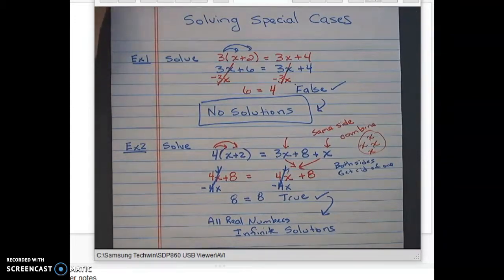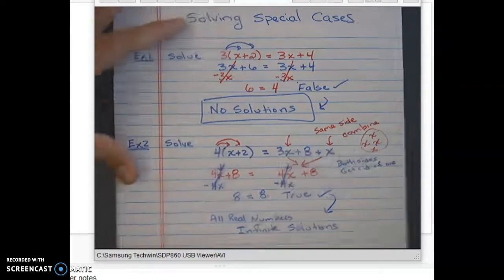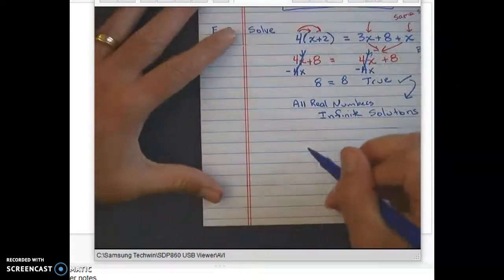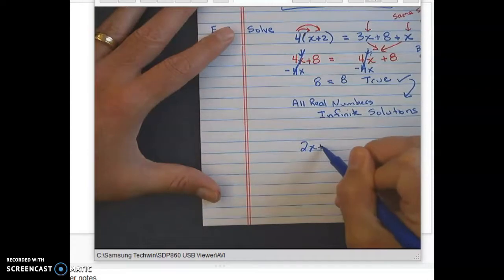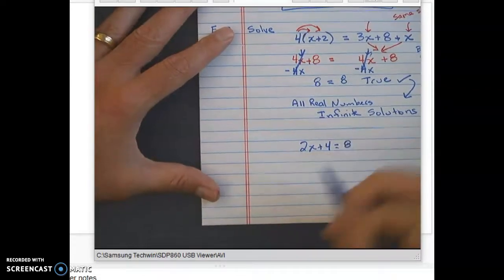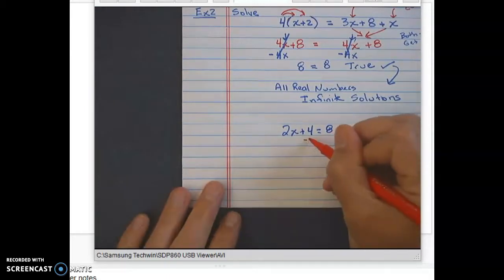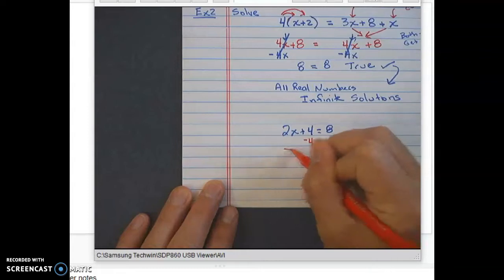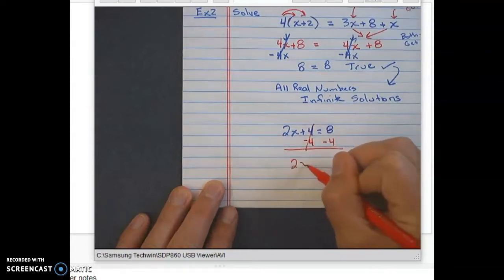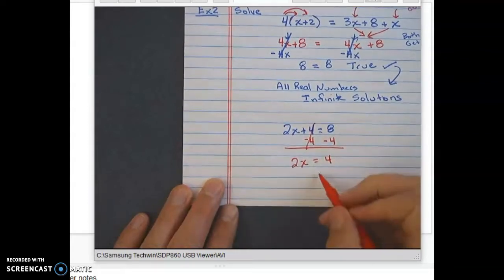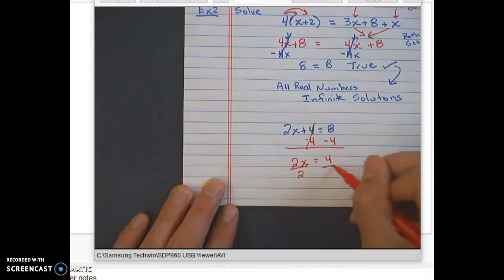Now don't forget though, we still have our normal solving, our most basic solving, like something like 2x plus 4 equals 8. This one has a solution. So you can have no solutions, you can have infinite solutions, and don't forget, you can have one solution. So in our normal two-step problems, sometimes the x's don't cancel out. Sometimes you're going to be left with an x.